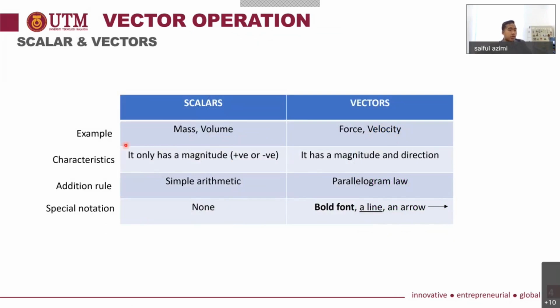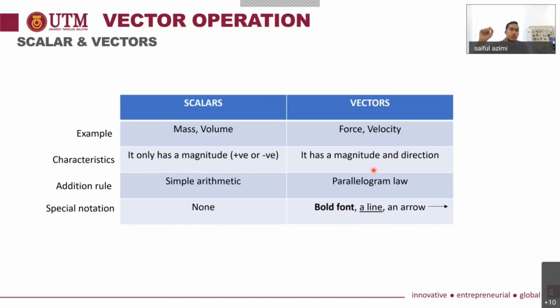For example, mass only has 10 kilos, 5 kilos, or negative 5 kilos. But a vector, such as force, has magnitude and direction. If you exert a force, you must know where the object is going. That is the direction of the force.